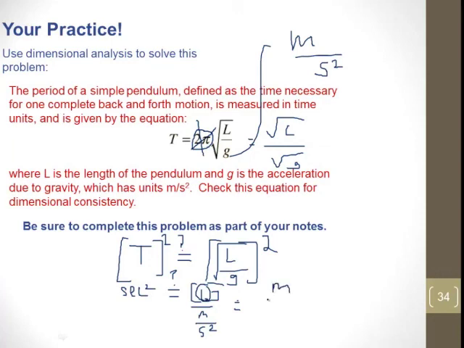So now I want to do meters over seconds squared. Hey, there we go. My meters and meters go out, and this is 1 over seconds squared, which is seconds squared. And so I say, yes, I have the correct equation for dimensional consistency.